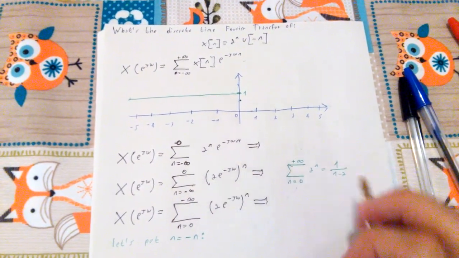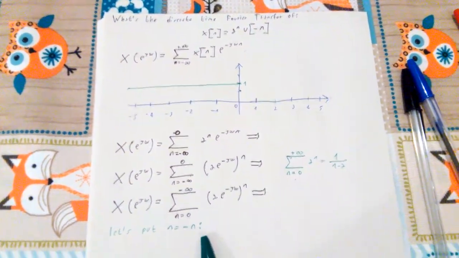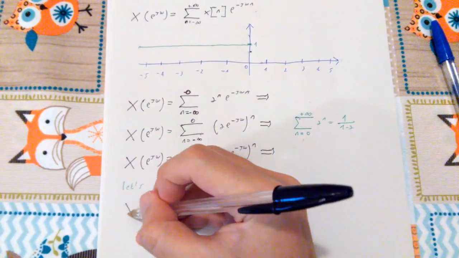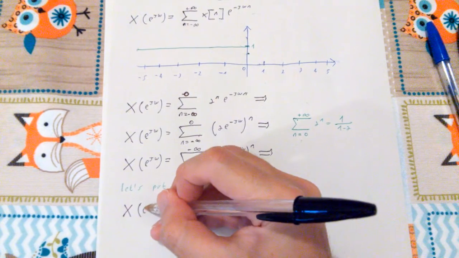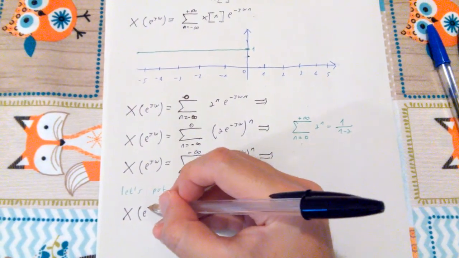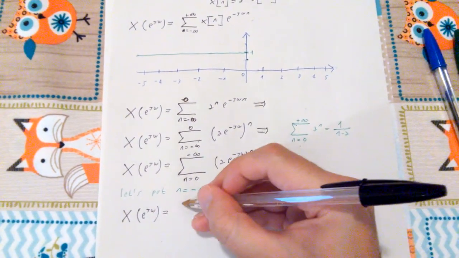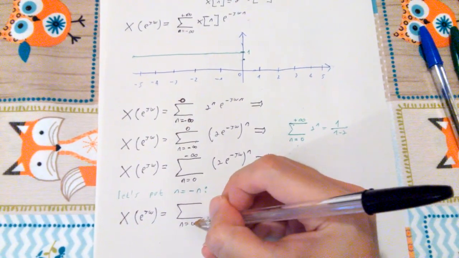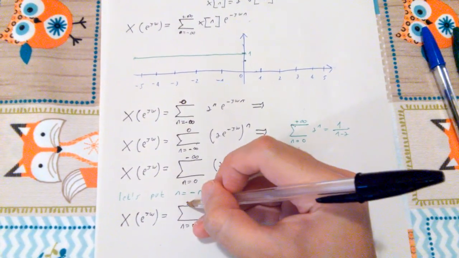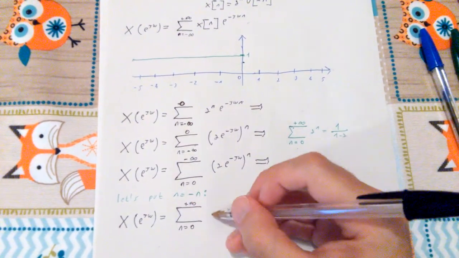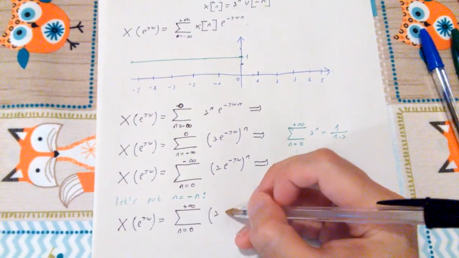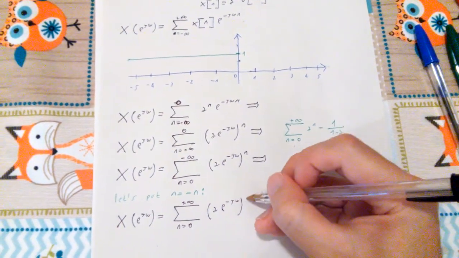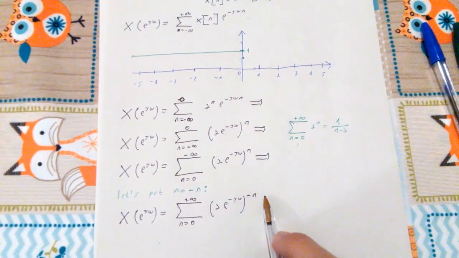So now what do we do? Well, we basically change the sign of n. By changing the sign of n, what we're going to have is capital F of e to the j omega equal to the sum for n that goes from 0 to positive infinity of a e to the negative j omega to the negative n, because we changed the sign.